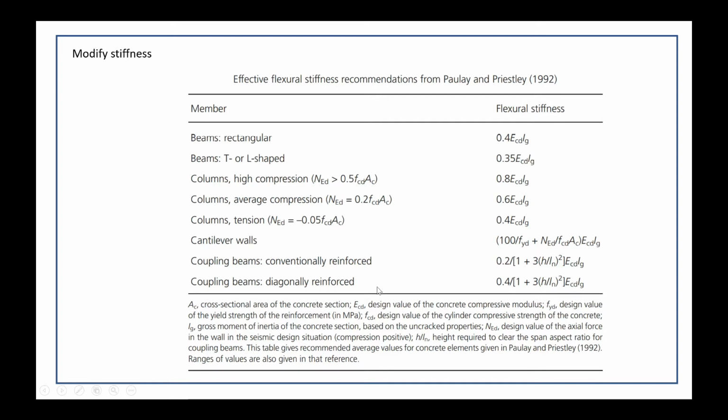For coupling beam with diagonal reinforcement, when you add diagonal reinforcement it increases, 2 times 0.4. Use the formula. AC is the cross-sectional area of the reinforced concrete, ECD the design value of the concrete compressive modulus, and FYD the design value of the yield strength of reinforcement in MPa. This table gives recommended values for concrete members given in Paulay and Priestley 1992.